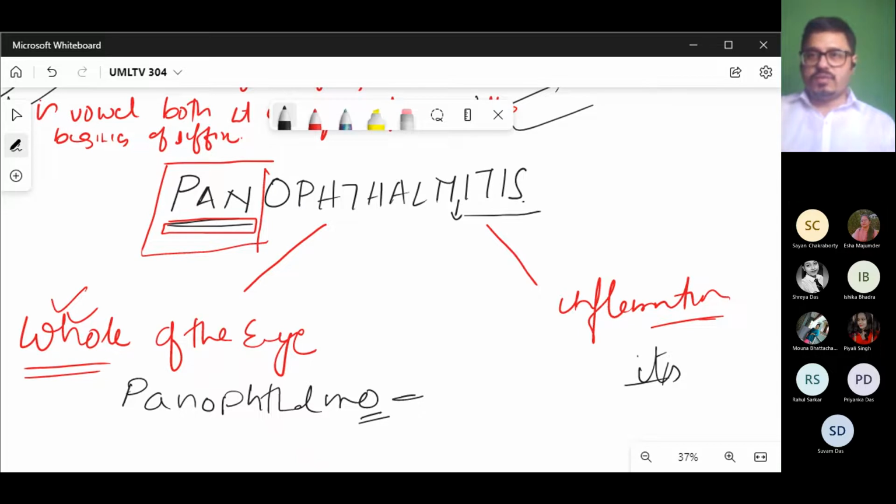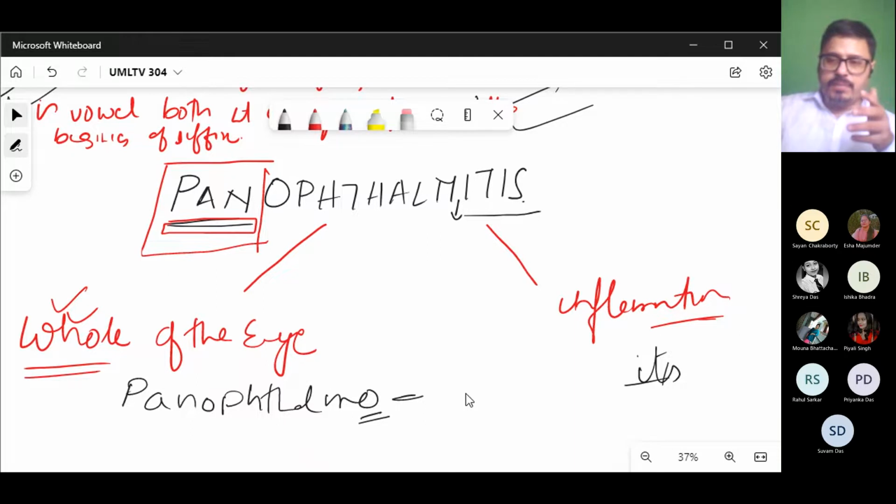Anyways, going back to my board again. So panophthalmitis was the term. Now, as I was telling, there are multiple other parts to this eye.